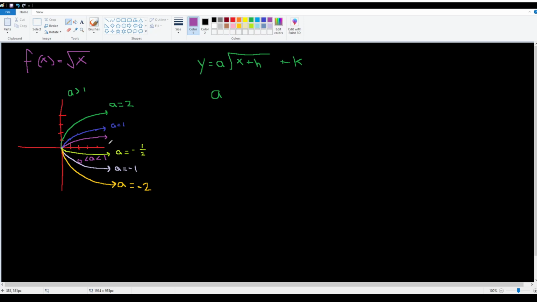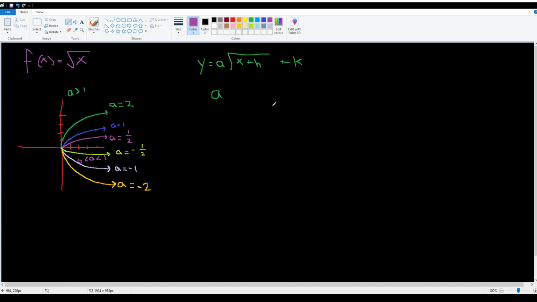And this one was if A was equal to a regular positive 1/2. So as we see, A can take our function and stretch it, compress it, or flip it across the x-axis. So it can either stretch or compress based on our number, if it's greater than 1 or between 0 and 1, or it can flip it if it's negative.